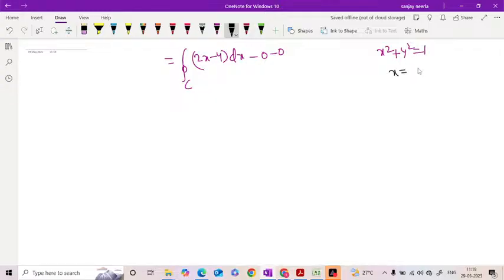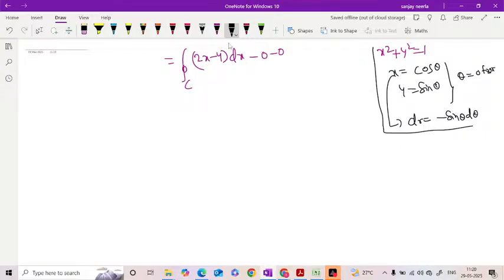So x is equal to cos theta and y is equal to sin theta, and here dx is equal to the differentiation of cos, which is minus sin theta d theta, and theta values are 0 to 2 pi. So just convert into polar form, or you can take it like this also.